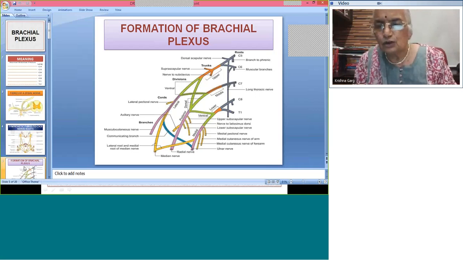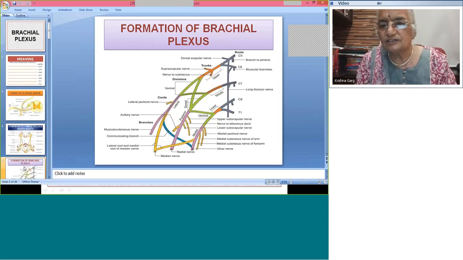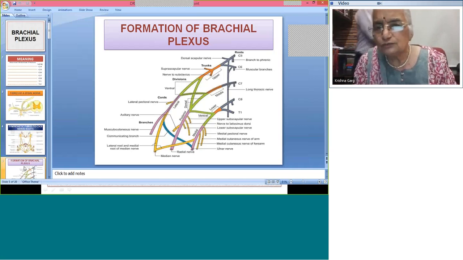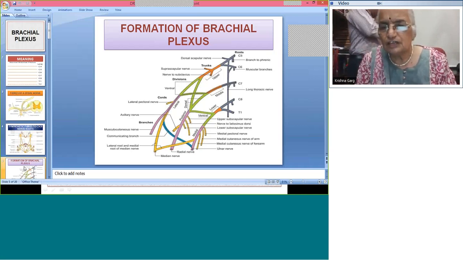The other nerve is the long thoracic nerve. This arises from the C5, C6 and C7 roots, and it lies on the surface of the serratus anterior muscle. That is why it is known as the long thoracic nerve or nerve to serratus anterior.